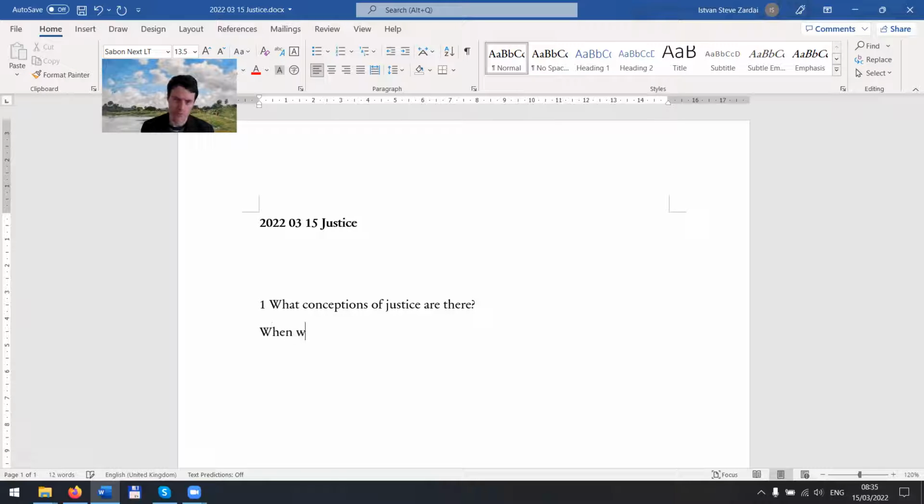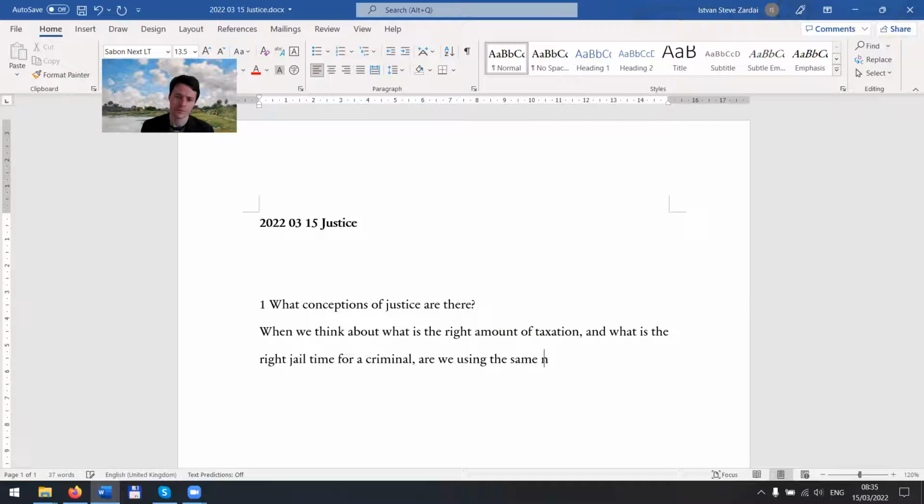So when we think about what is the right rate of taxation and what is the right jail time for a criminal, are we using the same conception of justice?